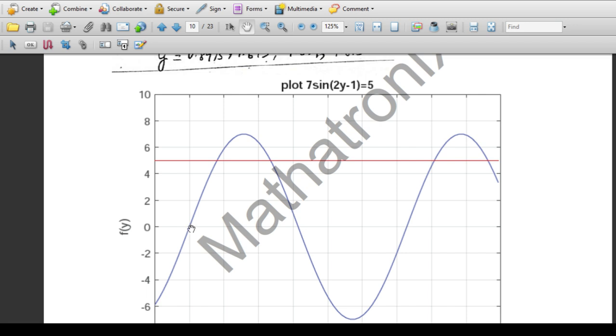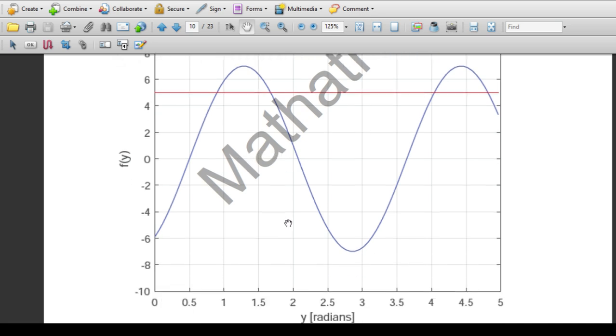At 0 this graph is plotted, and from 0 to here at this point, from here to here we have quadrant 1, this is quadrant 2, right?